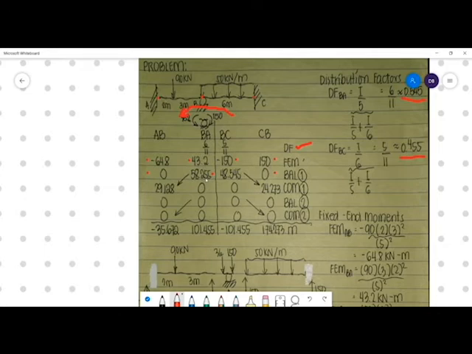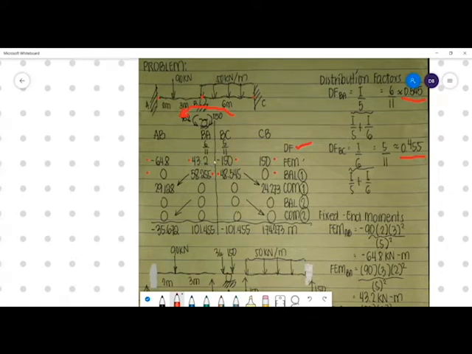Okay? So when we distribute the balancing moment to the right, to BC, just multiply this by 5 over 11, which is 48.545. So these two have a resulting moment but they are unbalanced, so what will balance is the opposite sign convention, so that is positive. Then we multiply the resultant of our two fixed end moments by the distribution factors.